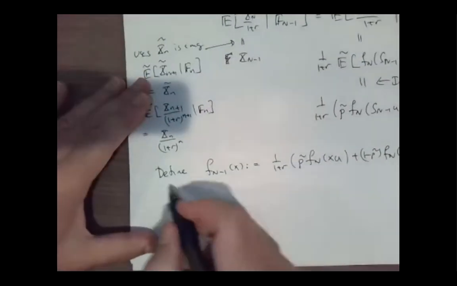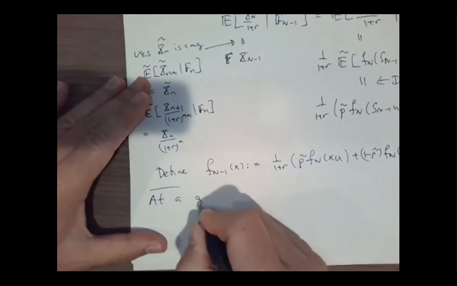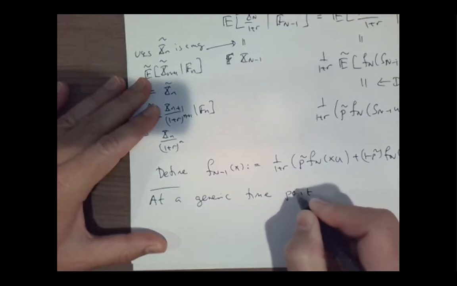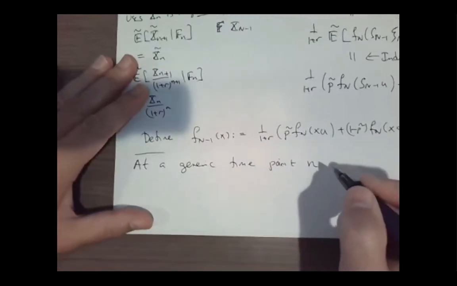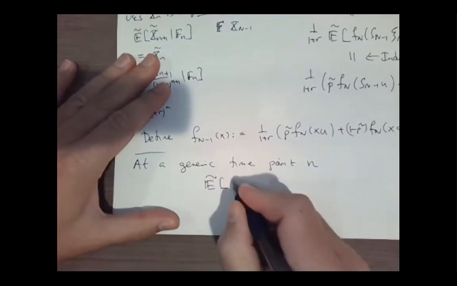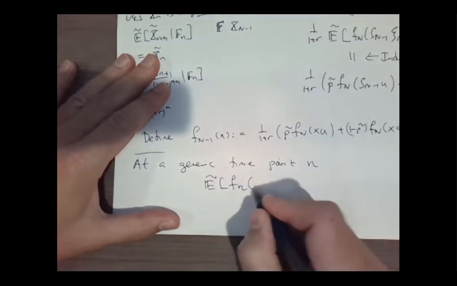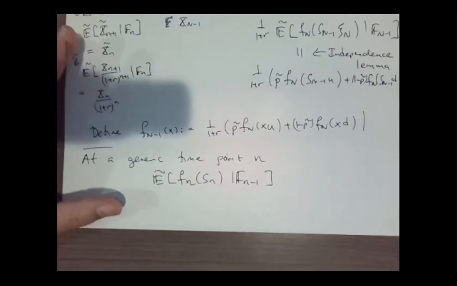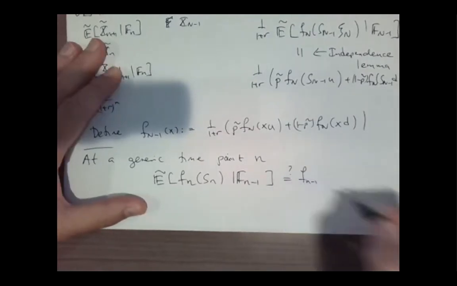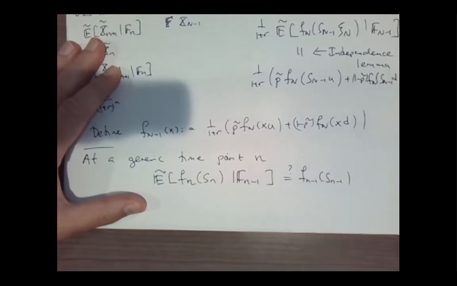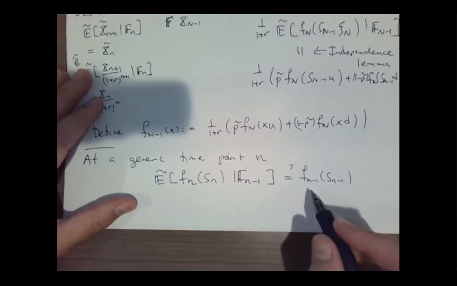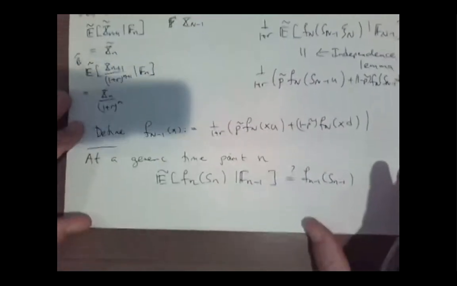Well, at a generic time point, what we need to do is perform the same calculation, but now having Fn of Sn, and then you condition on a previous time point. And you want to write this as a function of Sn minus 1. Your job is to find Fn minus 1. But you can see what it's going to be.